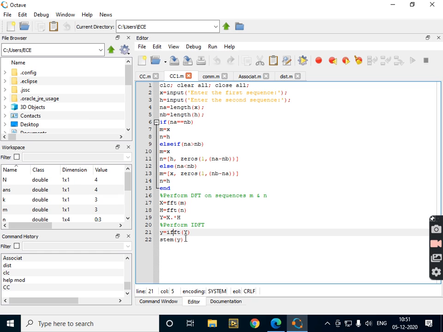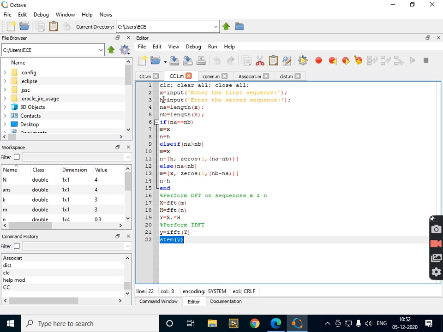Small y equals IFFT of capital Y, because in capital Y we have stored the product of the DFTs. Whatever sequence we obtain from this inverse discrete Fourier transform will be stored in small y, and we'll plot it with stem of y. This is the condition if the length of both the sequences are same.